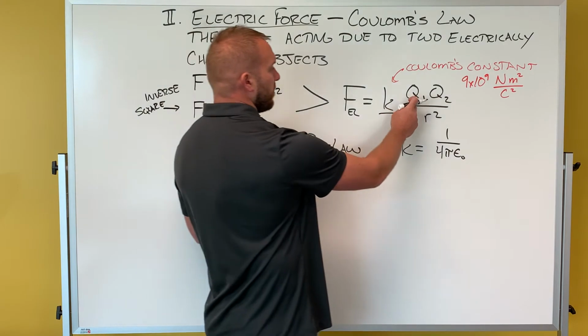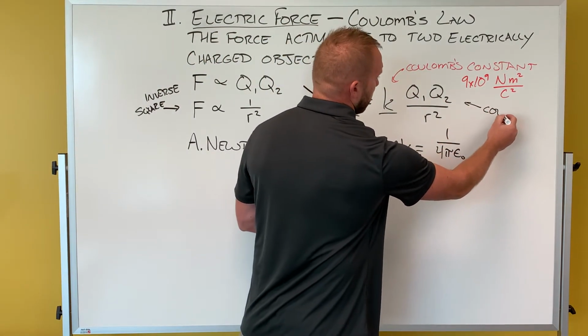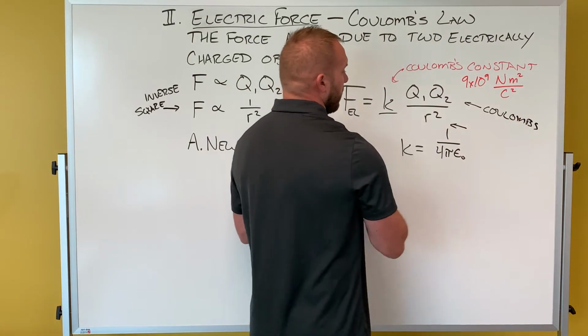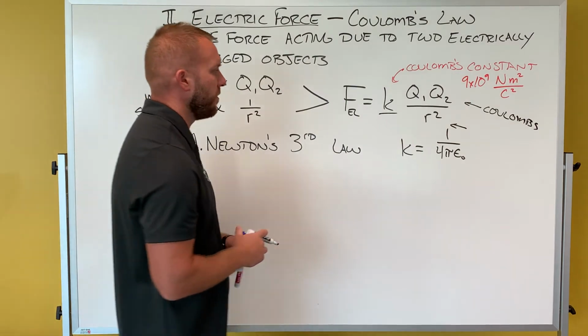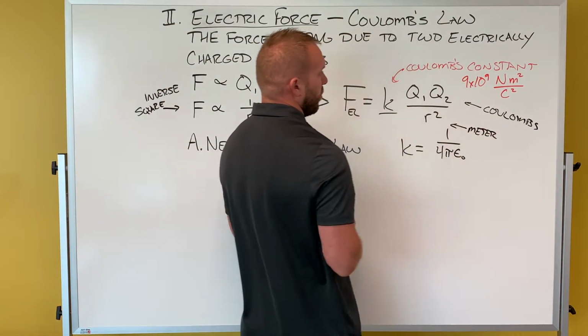Then Q1 and Q2 are the values of charge 1 and charge 2, and those should both be in coulombs. Then our distance between the objects needs to be in meters, so those are the units for that to work out.